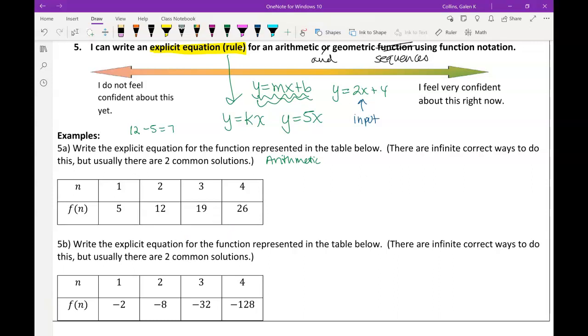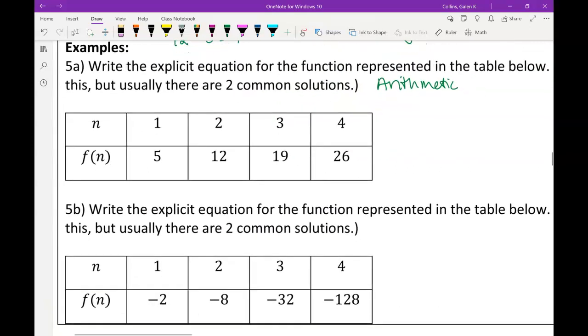All right, I sure hope we're going to feel that we're tightening it up in Unit 2.